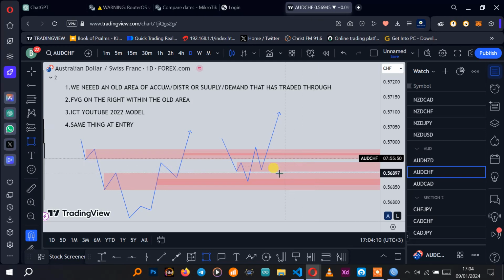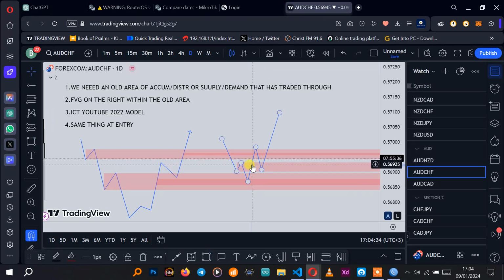Remember what I've told you: you come into that old area on the right, in this move that broke through it, and you look for an FVG. Once you see an FVG, outline that FVG around there. I'm having an internet lag, but I was talking specifically about this FVG inside there. That's where you'll take that trade.